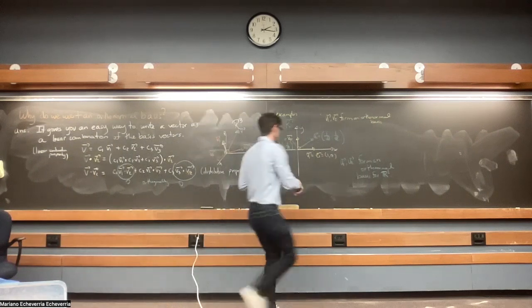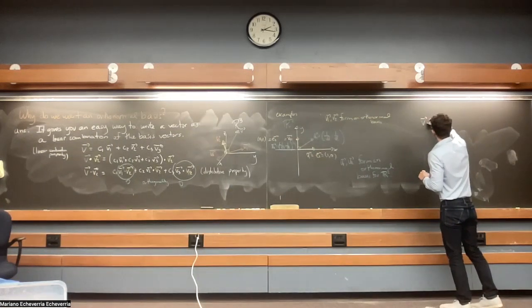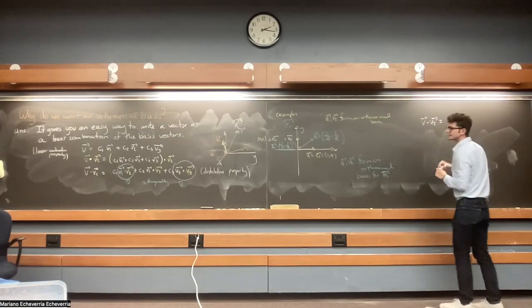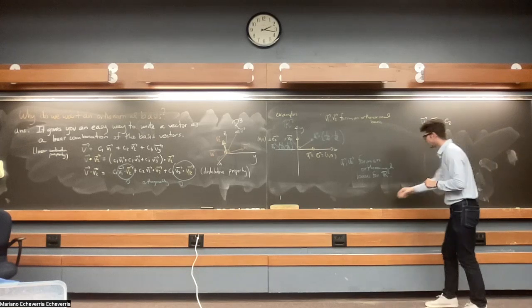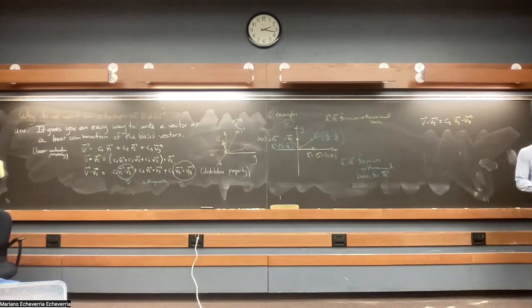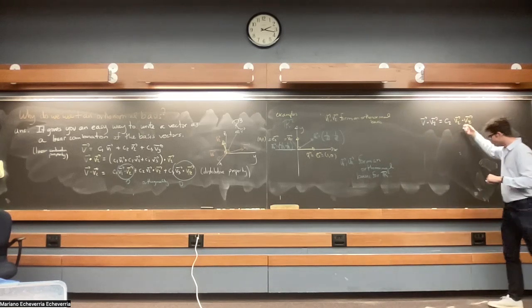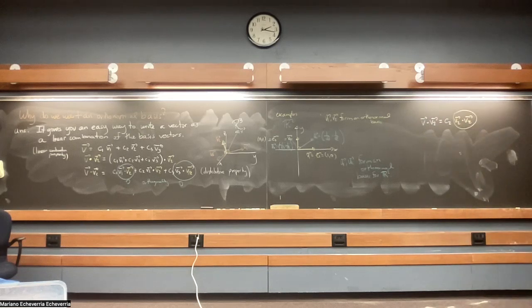Let's keep working on this side. V dot V2 is C2 times V2 dot V2. And here the orthonormal basis condition gives the answer for this number, because now I'm asking for the dot product of the vector with itself.